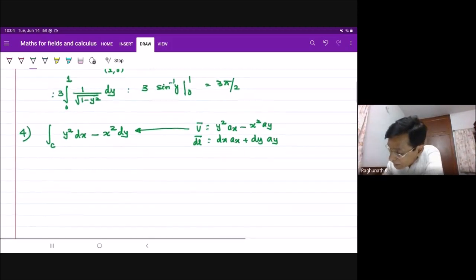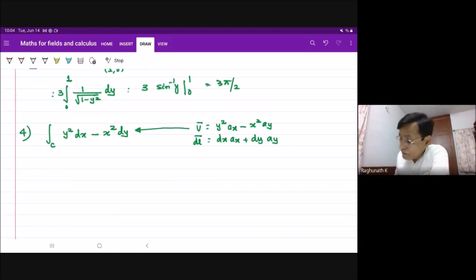Now these functions, check it now. Counterclockwise along the circle. What is that I have to do here? There is no DL now. Dx, dy are there. I want to follow the path.